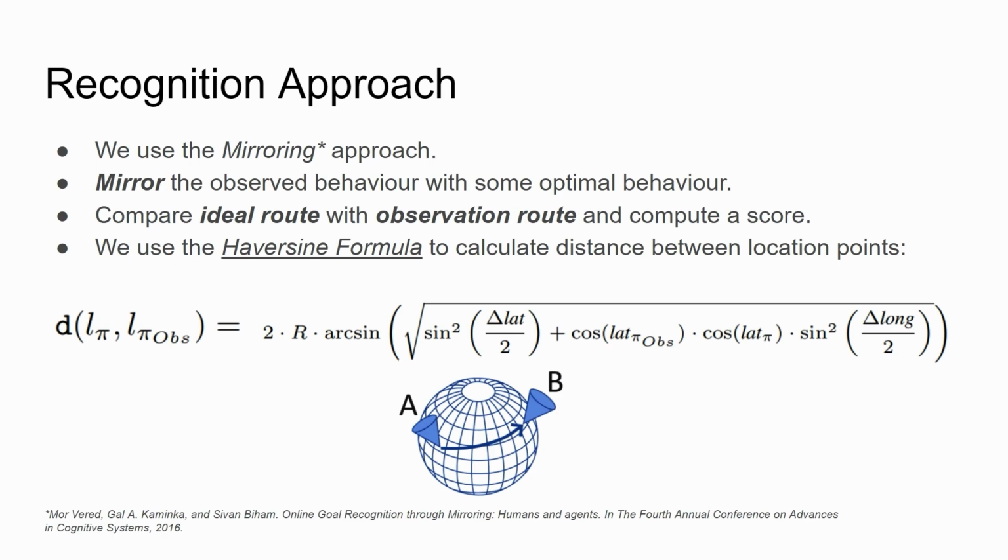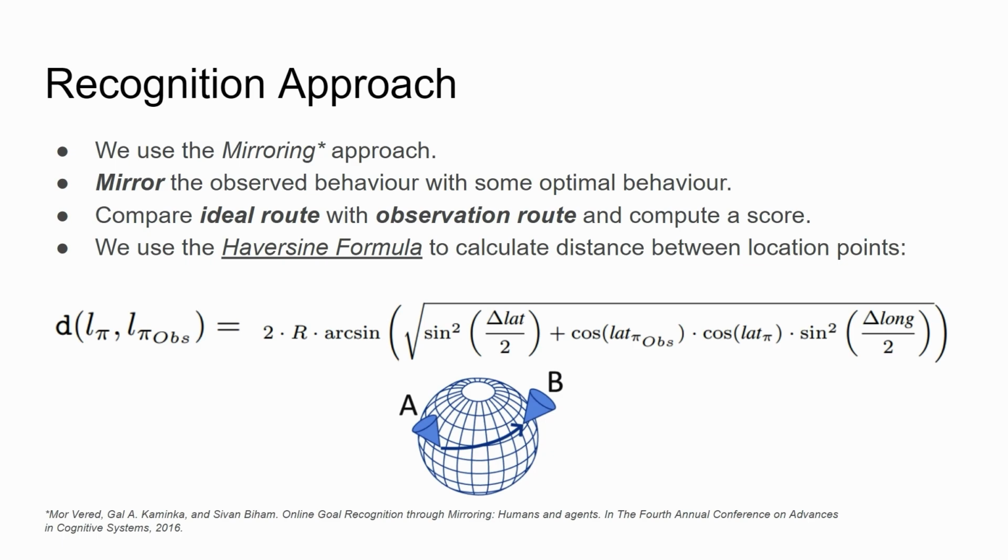We use mirroring as the approach for our recognition technique, from Vered's 2016 paper. Mirroring is the idea that humans infer other people's intentions by mirroring their observed behavior with some optimal expected behavior. We compute an ideal route from the initial location to all the location points in the set of intentions.